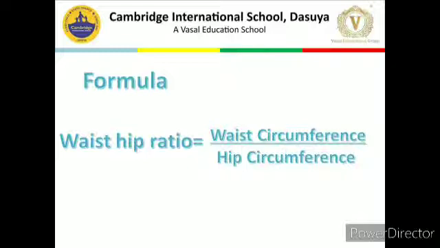If your body mass index is overweight, 25 to 30, then if your waist hip ratio is 0.70, then your risk of health is very, very low. Then if you're 0.70 to 0.85, then moderate. More than 0.85, then high risk.